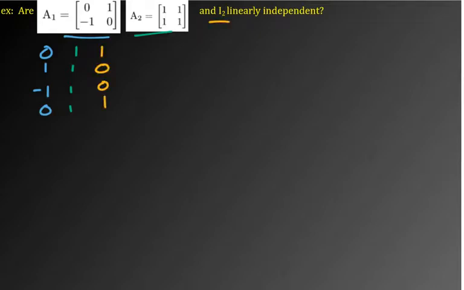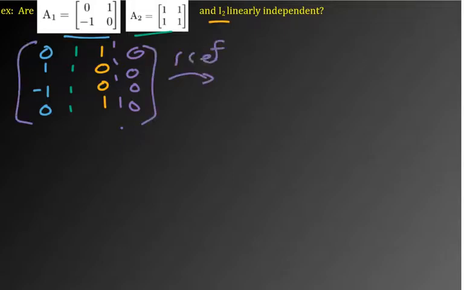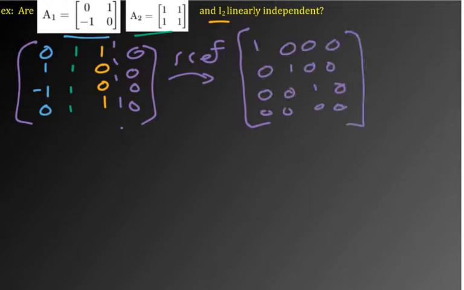And I want to augment this with 0 and basically solve this thing. And if the only solution is the trivial solution, then they're independent. That's the idea. And if you do this, you get that. And so what this is saying is that truly C1 equals C2 equals C3 equals 0. It's the only way to do it.